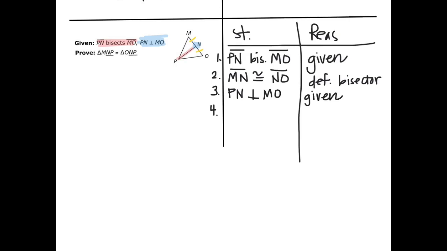So we're going to name angle PNM is a right angle, and angle PNO is a right angle. And we're allowed to say that because of the definition of perpendicular. The definition of perpendicular says that it forms two right angles.